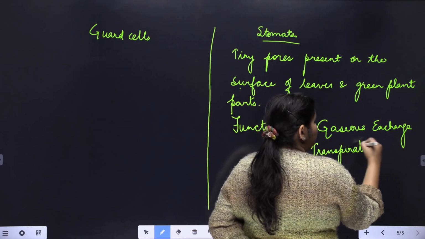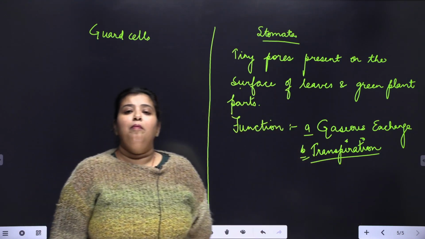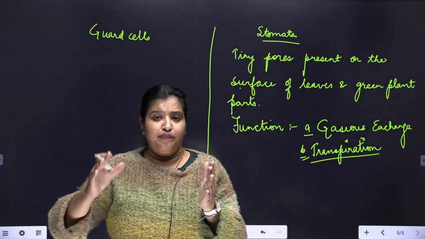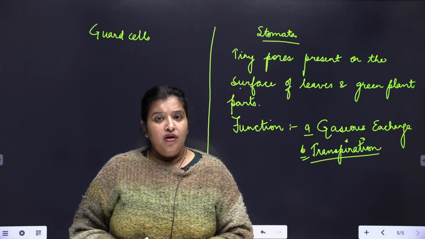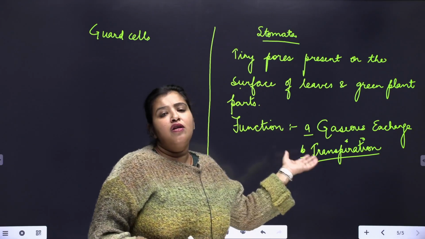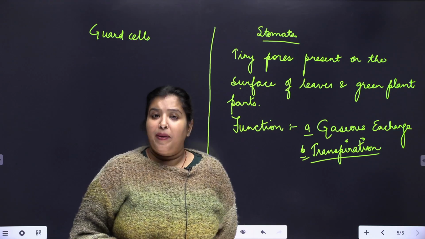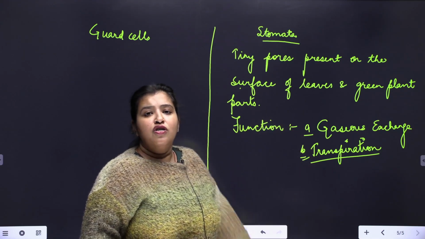Now, what is transpiration? Transpiration is the process by which green plants lose extra water to the environment in the form of water vapors. All right. So, that process is also performed with the help of stomata.